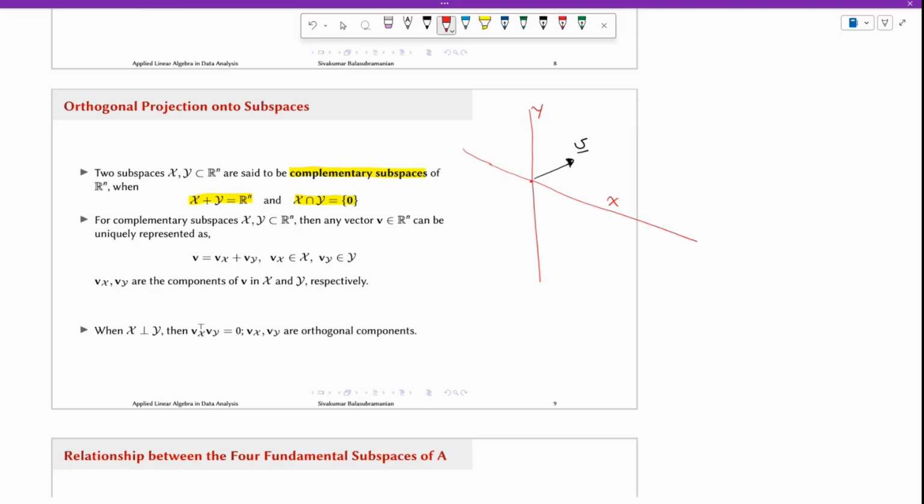It turns out that if you have two complementary subspaces like this, you can always write any vector from the original parent space as a sum of two vectors.